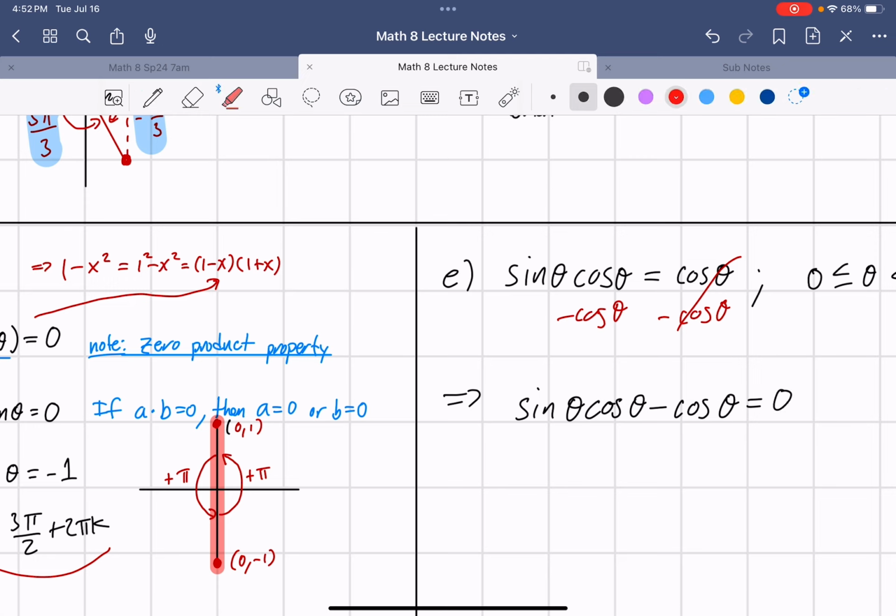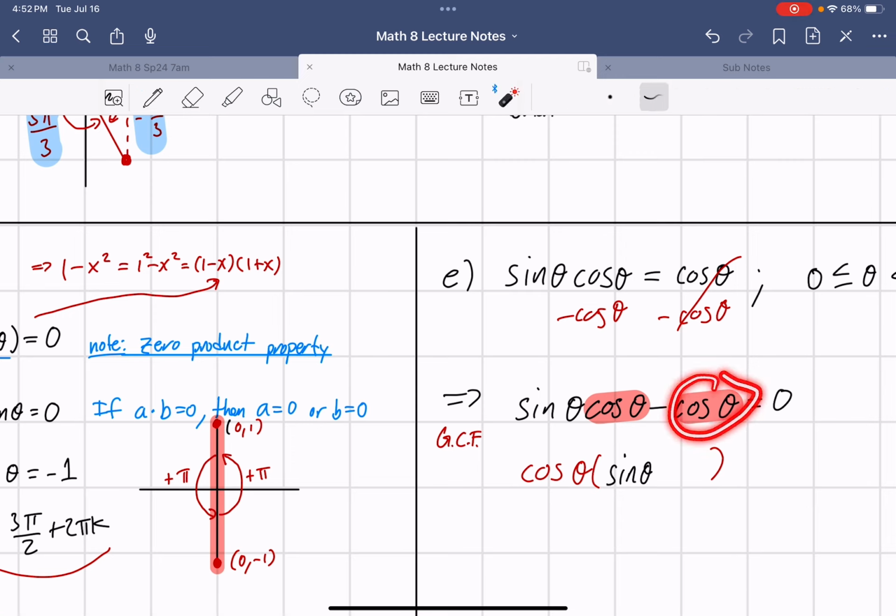Well, the idea is you're going to set each factor equal to 0. When you see two terms that have the same factor, hopefully we remember what GCF is, right? Factoring out the GCF here, which is cosine, will leave us with sine theta. And when you factor everything out of a term, there's always a factor of 1 left behind.